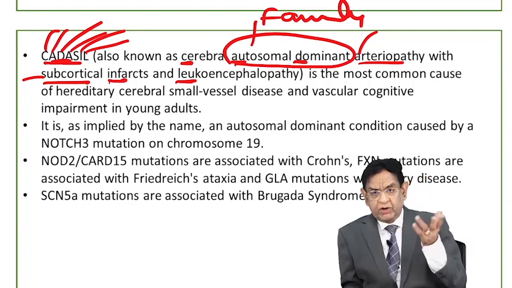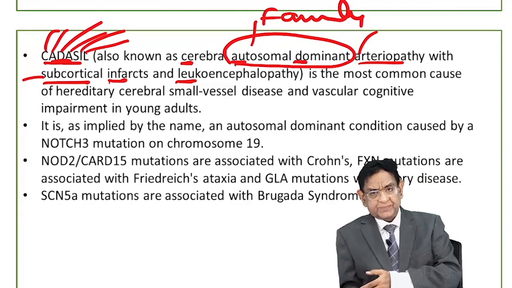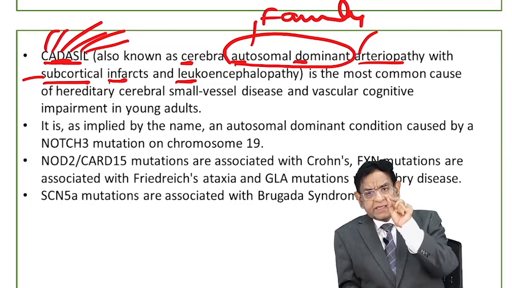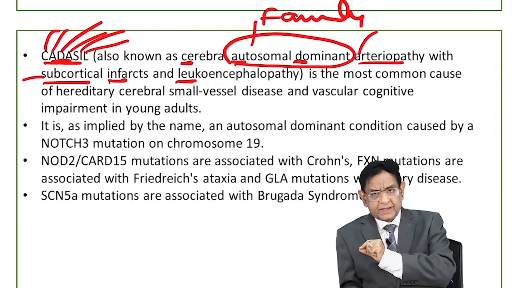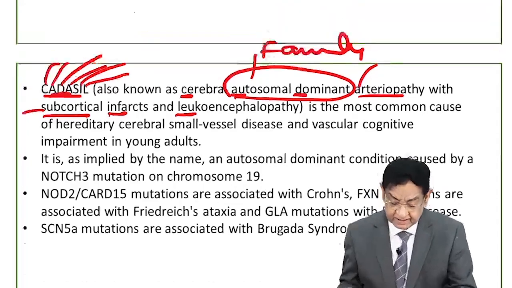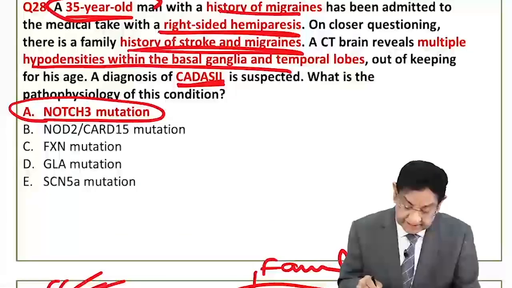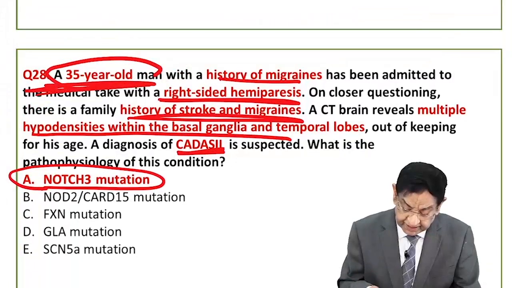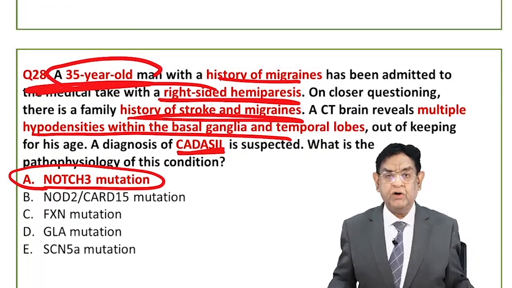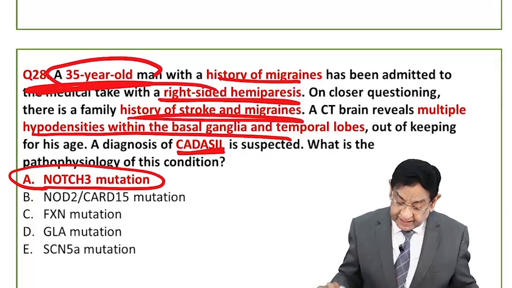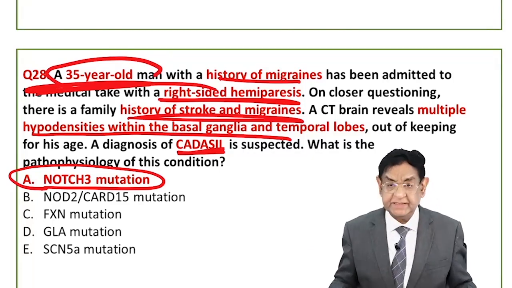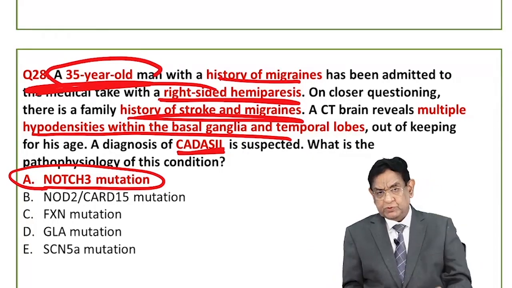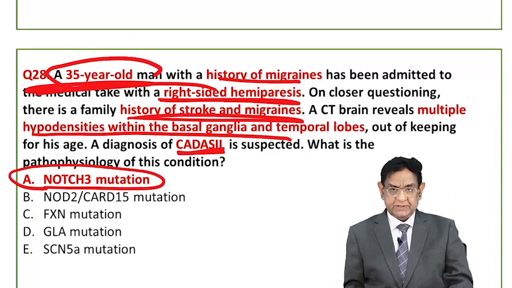So far we have not got this entity anywhere. Since it is autosomal dominant, it is familial, so that is why it is occurring at the age of 35 years. Normally it is atherosclerosis, and remember there is nothing like hypertension or diabetes, nothing to predispose to atherosclerosis.